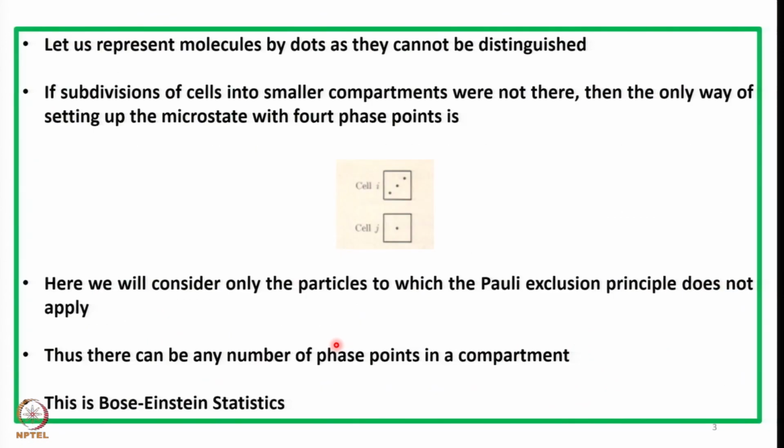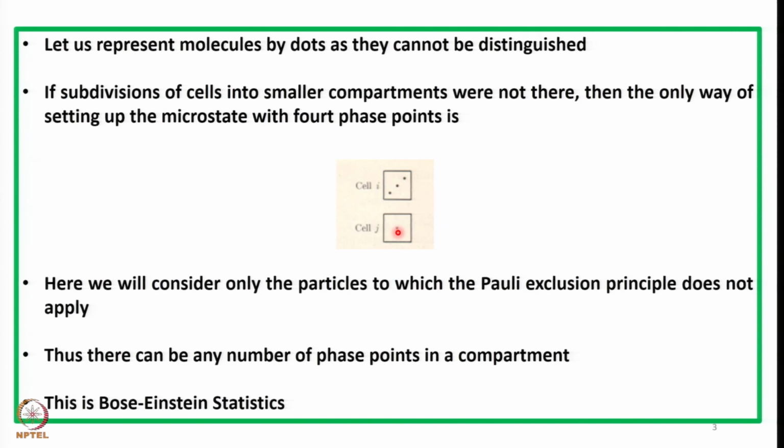Now, as I said earlier, let us replace A, B, C, D by just dots. Why dots? Because we cannot distinguish between the particles, we cannot distinguish between the phase points. So let us represent molecules by dots as they cannot be distinguished. We just see dots. You see cell I, put 3 dots, and cell J, you put 1 dot.